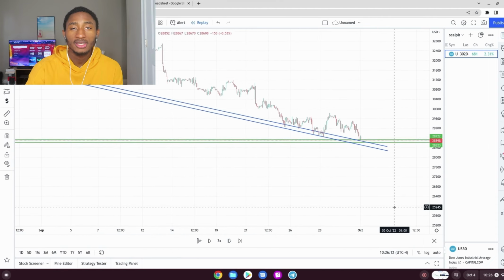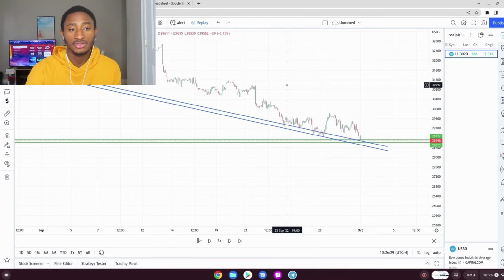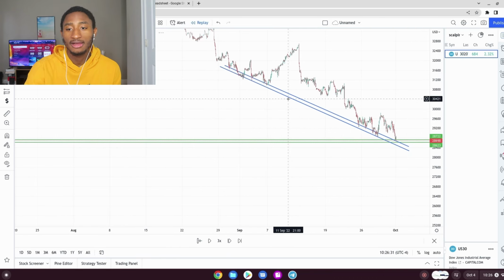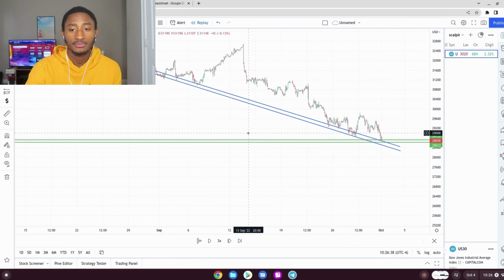Like I said in my last video, when I take a trade going against the trend, I need strong confirmation. I need at least 3 to 5 confirmations before I go against the trend, because the market right now is in a downtrend. My first confirmation was this is a strong support level. And we have a trend line going down.